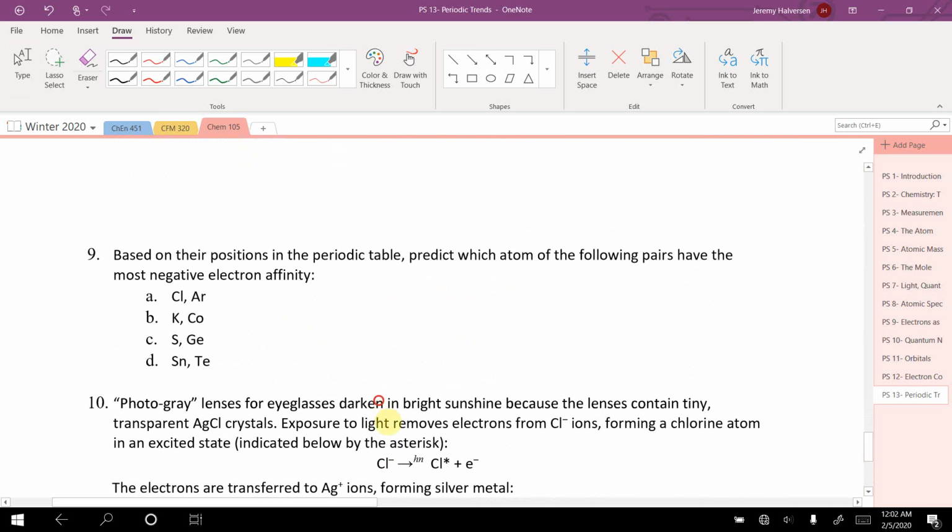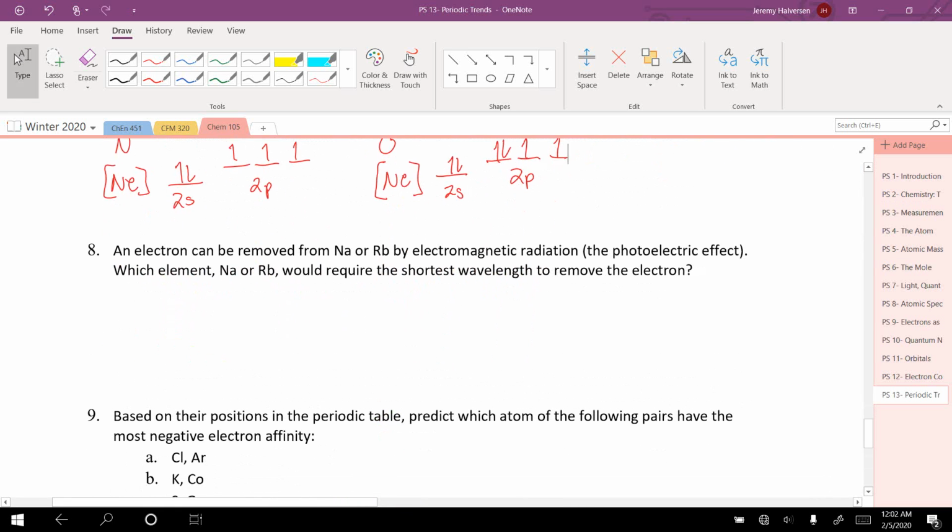All right, getting there. An electron can be removed from sodium or rubidium by electromagnetic radiation, the photoelectric effect. Which element, sodium or rubidium, would require the shortest wavelength to remove the electron? Now, we've talked before, when we were talking about wavelength, shortest wavelength should automatically scream out in your head: highest energy. And we're removing an electron, so what type of energy is that? Ionization.